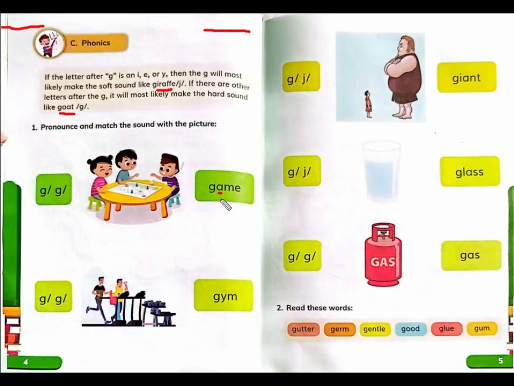There will be the hard sound of G, not the soft sound, not J. It will be G, game. Okay? So it will produce the hard sound of G.